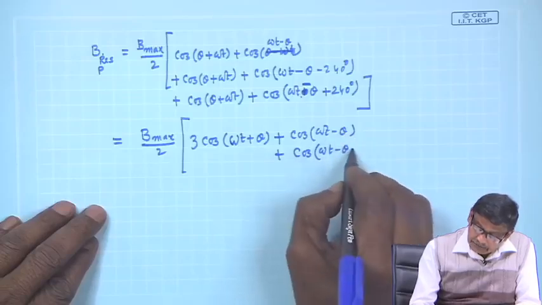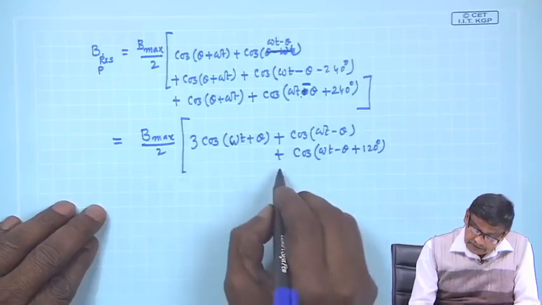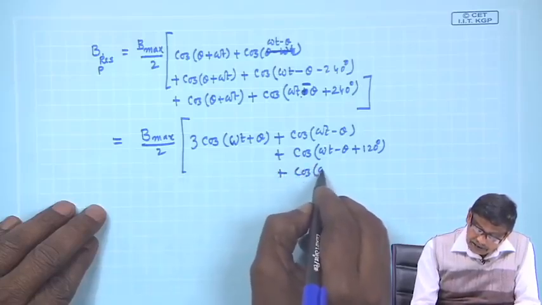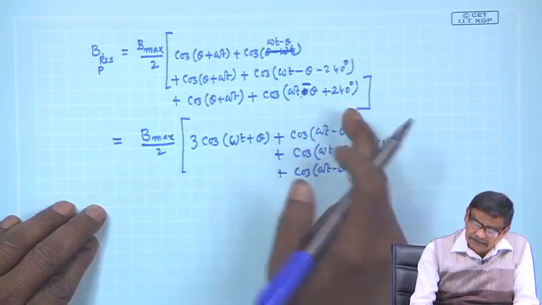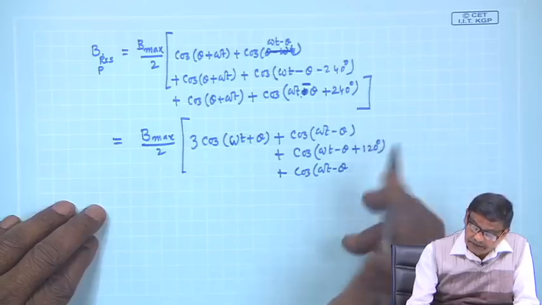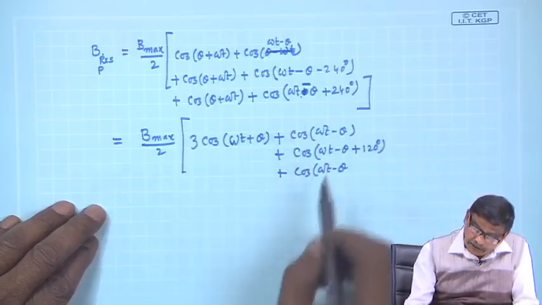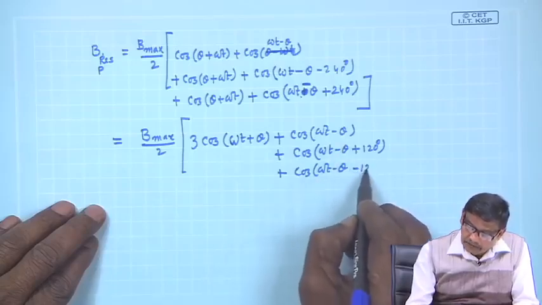It means that it is plus 120 degree. You add just 360 degree. Similarly, this one plus cosine omega t minus theta, you subtract 360 degree. Adding 360 degree does not change the value of any trigonometric function. Therefore, it is omega t minus theta and this is minus 120 degree.